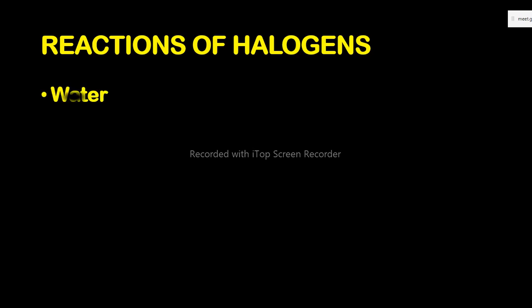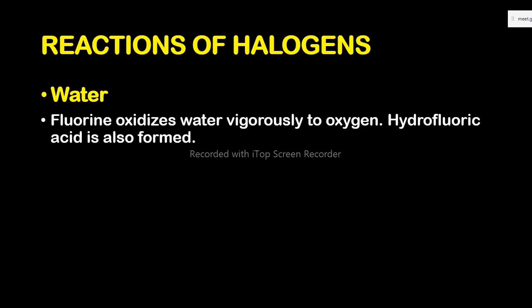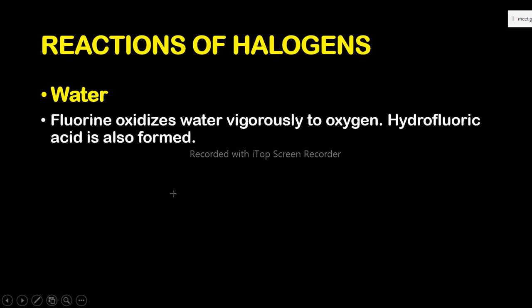So let's start with reactions of halogens with water. Now this is the real inorganic chemistry. You need to know how different elements react with other compounds, and the first one is water. As usual, fluorine is a special case.